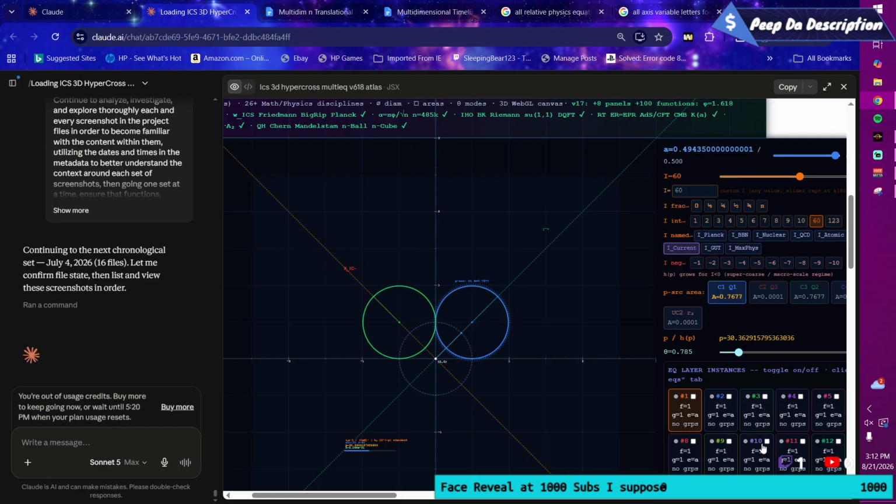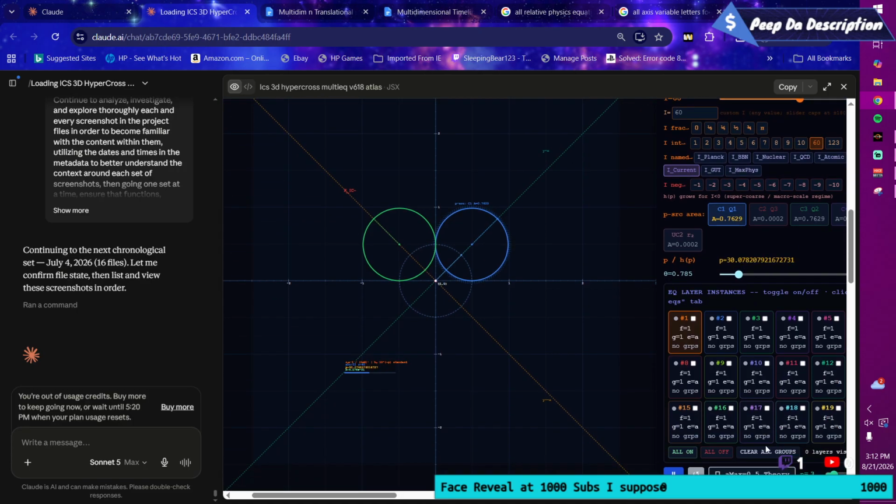Now, does it speed up? Does it exhibit the exact behavior that I think it's going to exhibit? Because if it speeds up, maybe we have something interesting here. Maybe.